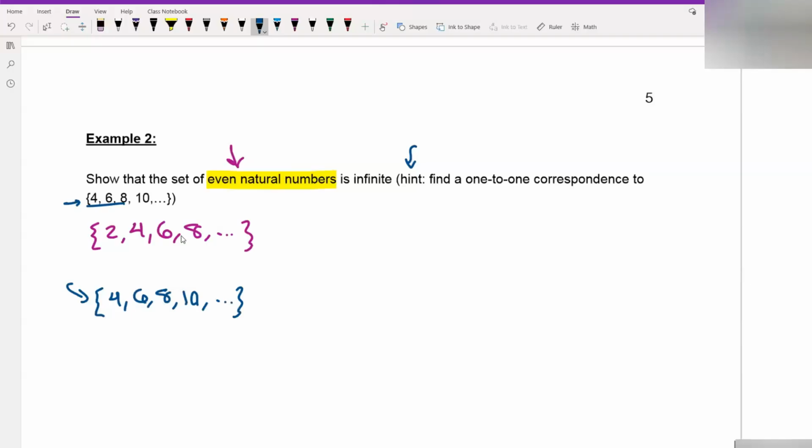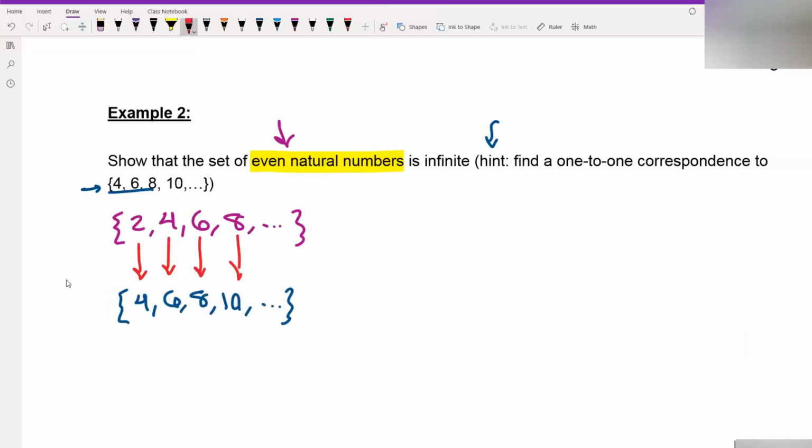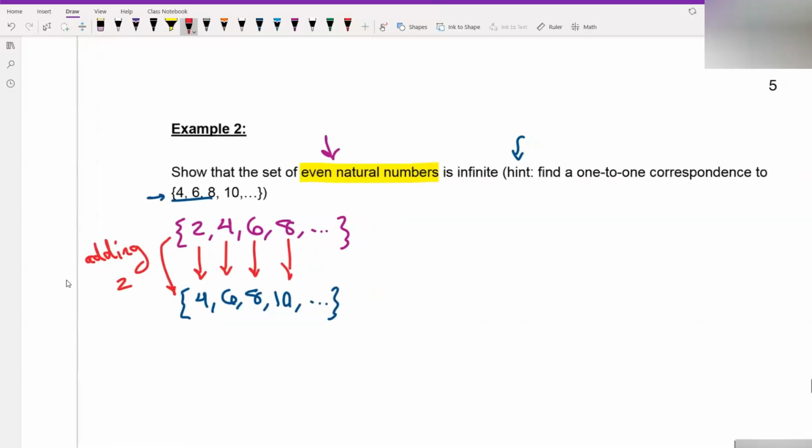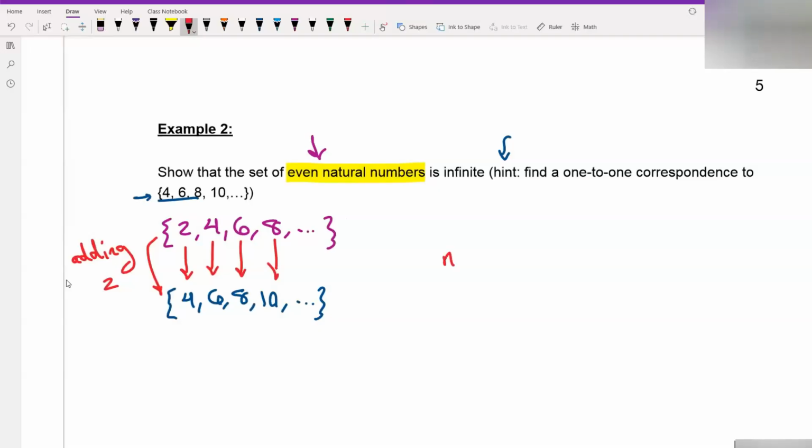And that is a proper subset of the even natural numbers. How can we map 2 to 4, 4 to 6, 6 to 8, 8 to 10? Here we map by adding 2. That means our function from n goes to n plus 2.